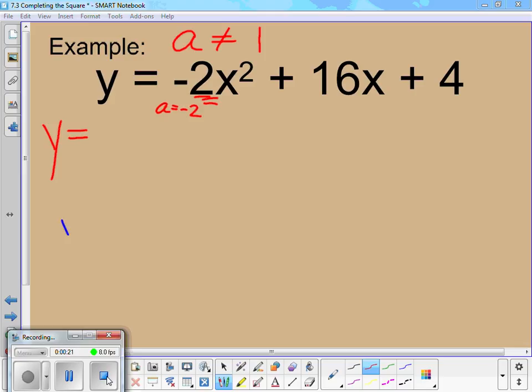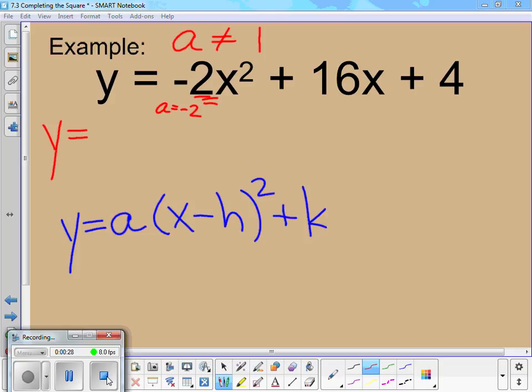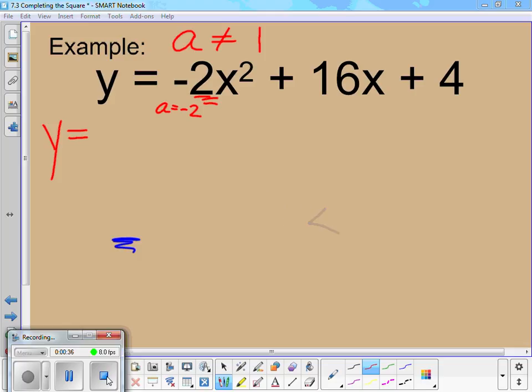Even when we're in, what's this form called? Even when we're in vertex form, what's out here? An a, right? In the previous example that we did, the a was 1 with no problem, right? But in this one, the a is -2.